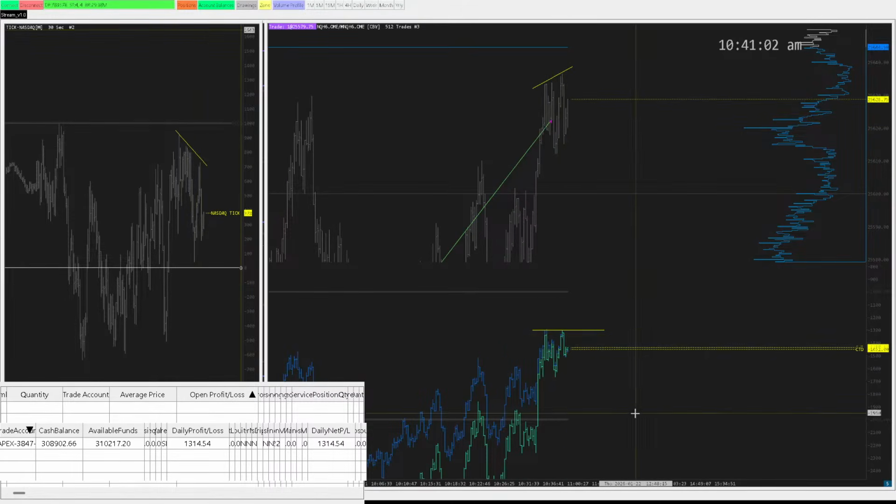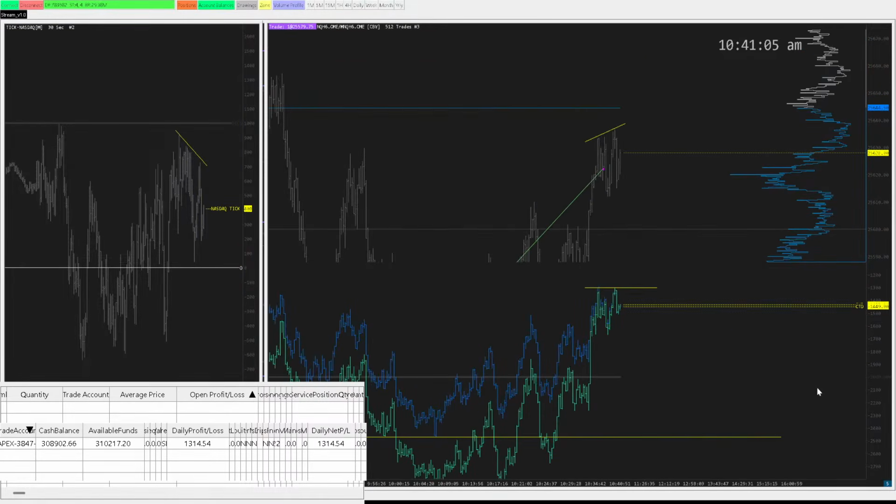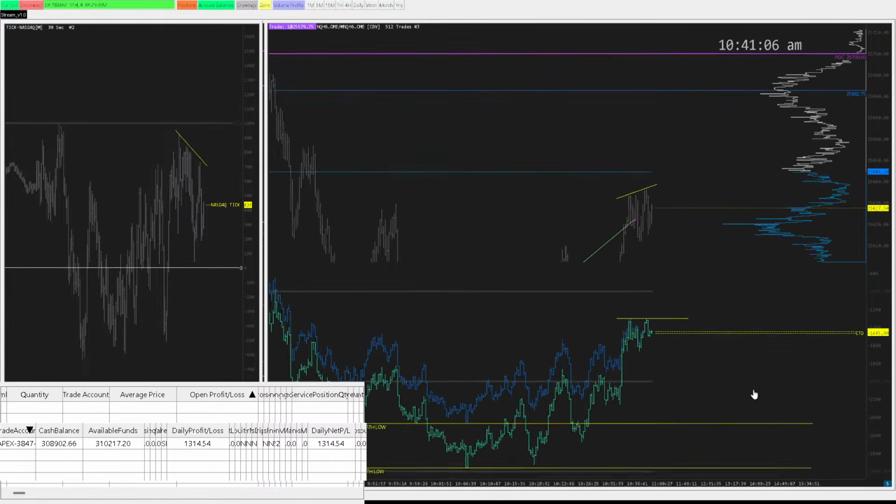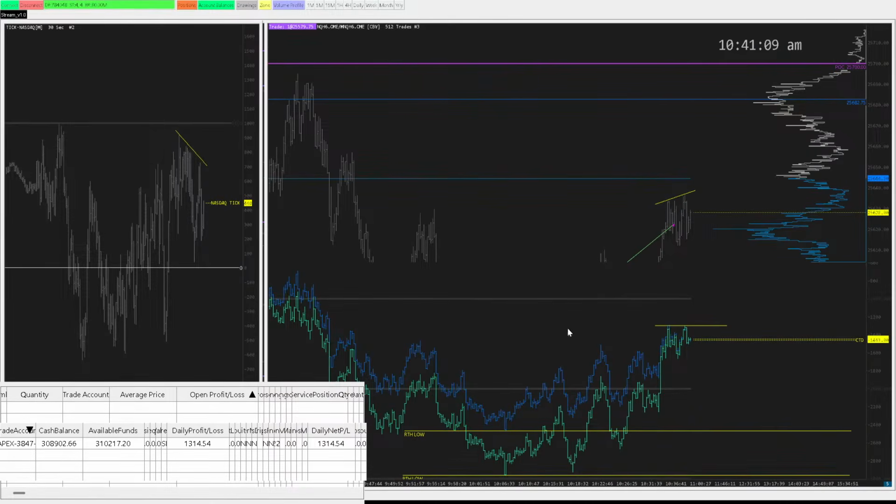Kind of bumping its head a little bit. And where's that happening at? Right here. An area where there was prior selling, right?